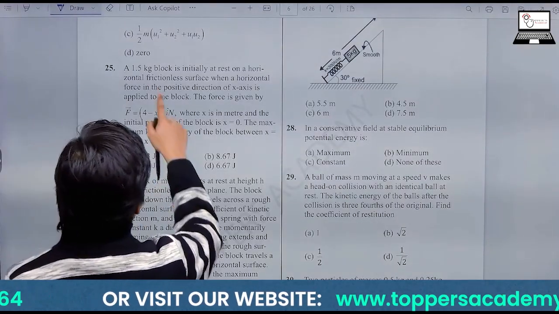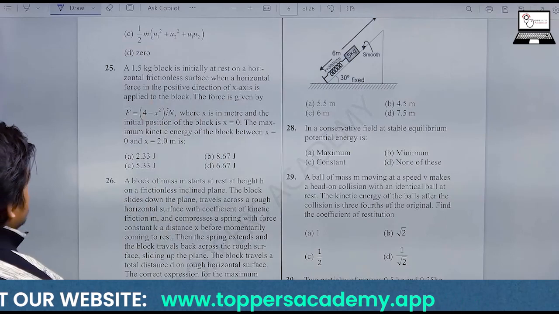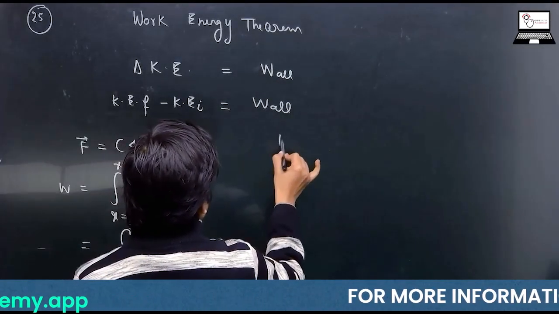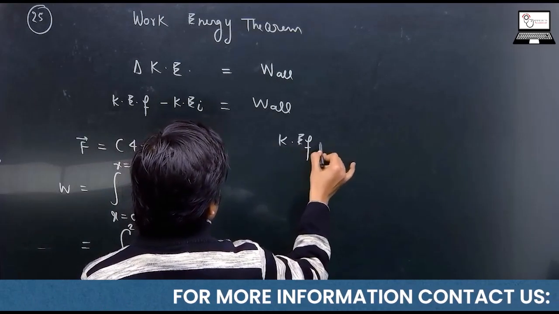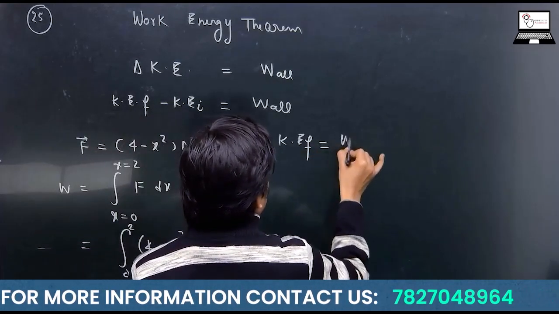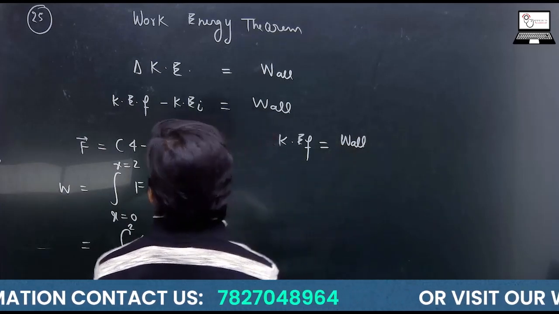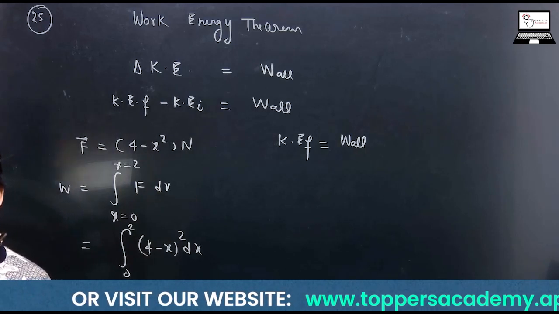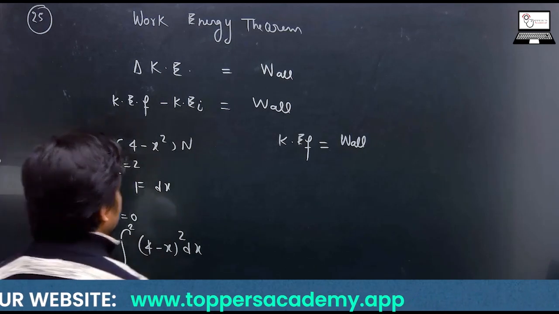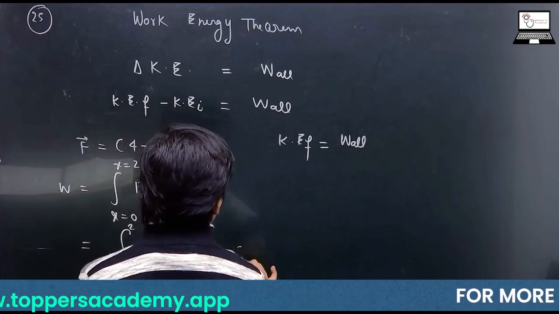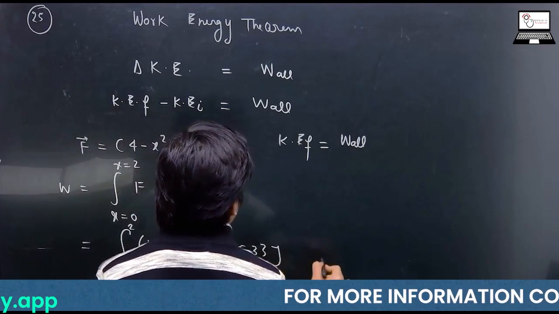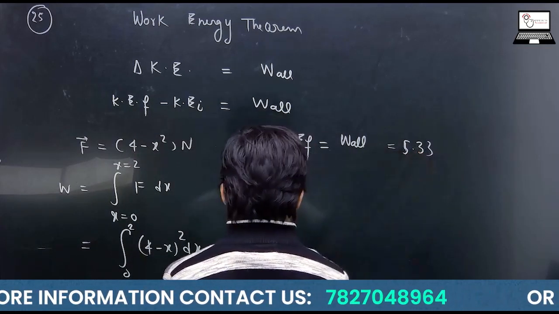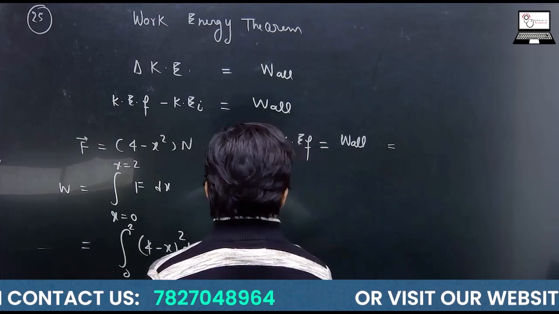Because it is starting from rest, initial kinetic energy is 0. So whatever is the work done is converted into the kinetic energy. If we calculate it, the answer comes out to be 5.33 joule.